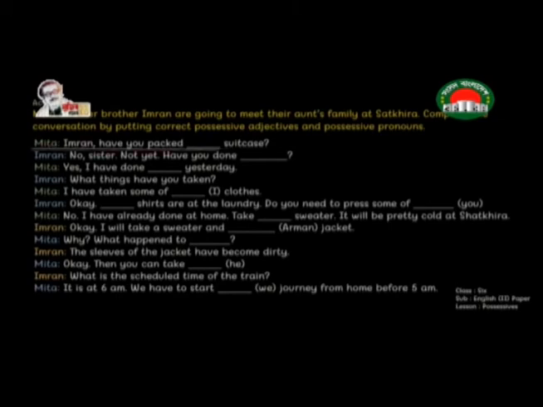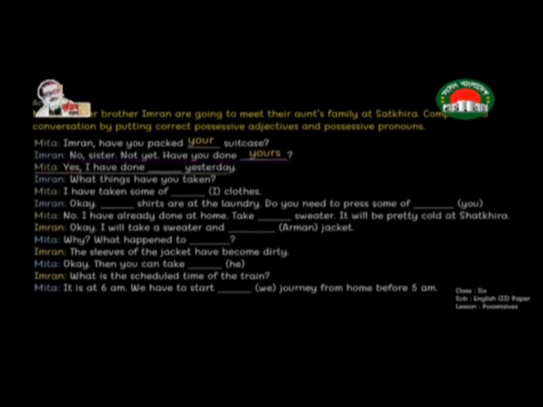Mita is saying, Imran, have you packed dash suitcase? So I think you get the idea. First answer, your suitcase. Have you packed your suitcase? Imran is saying, no sister, not yet. Have you done? That means have you done your suitcase? So it will be a possessive pronoun, yours.